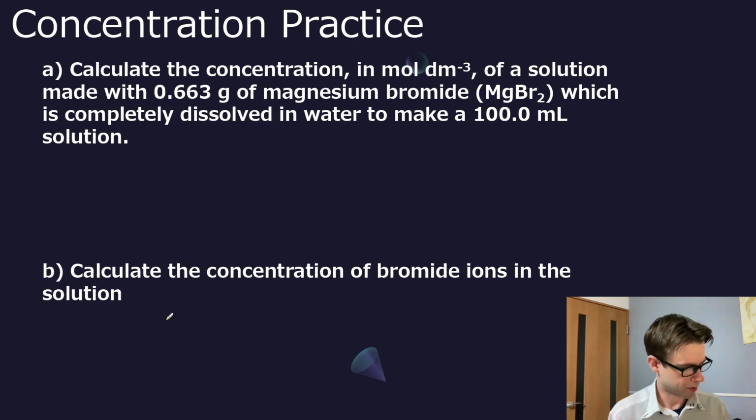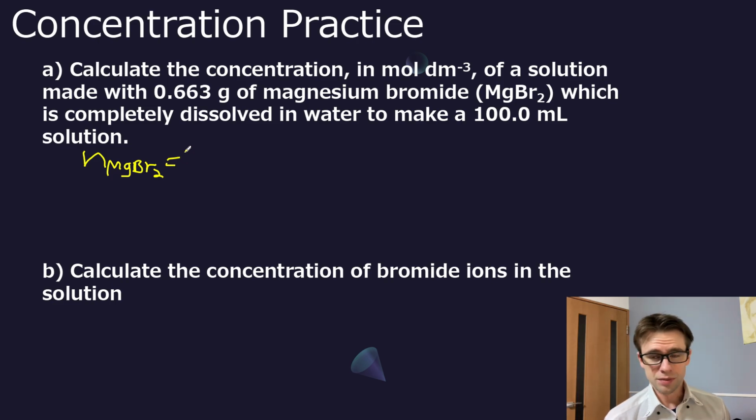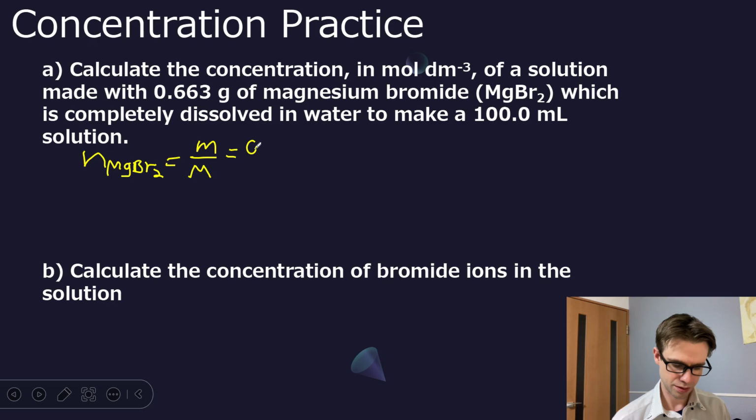Alright, let's go yellow. So what we would want to get is n, the number of moles of magnesium bromide, MgBr2. Do you guys remember what the formula for this is? It is mass of that divided by its molar mass in grams per mole, a value that you can get and calculate from the periodic table. So the mass that we had was 0.663 grams.